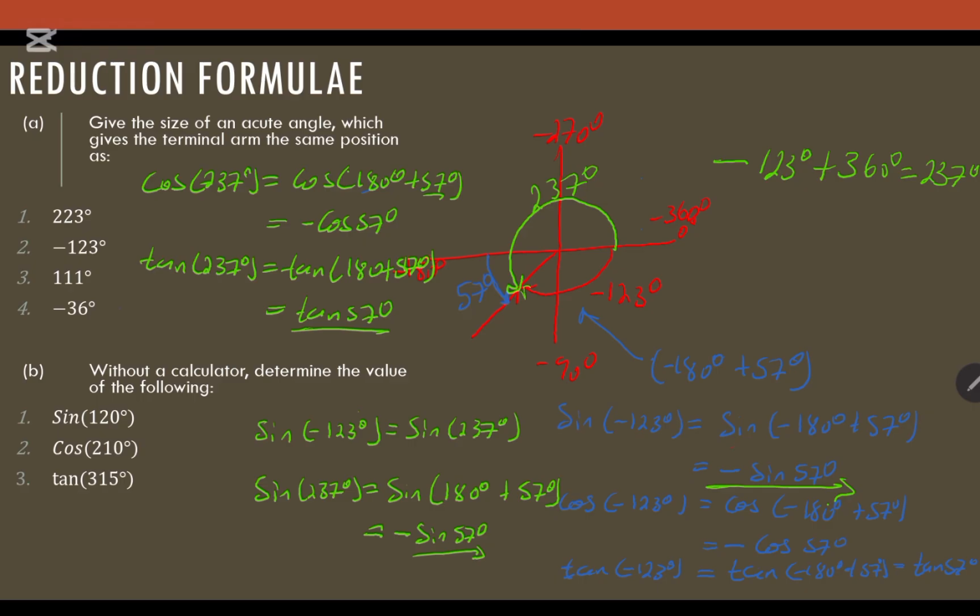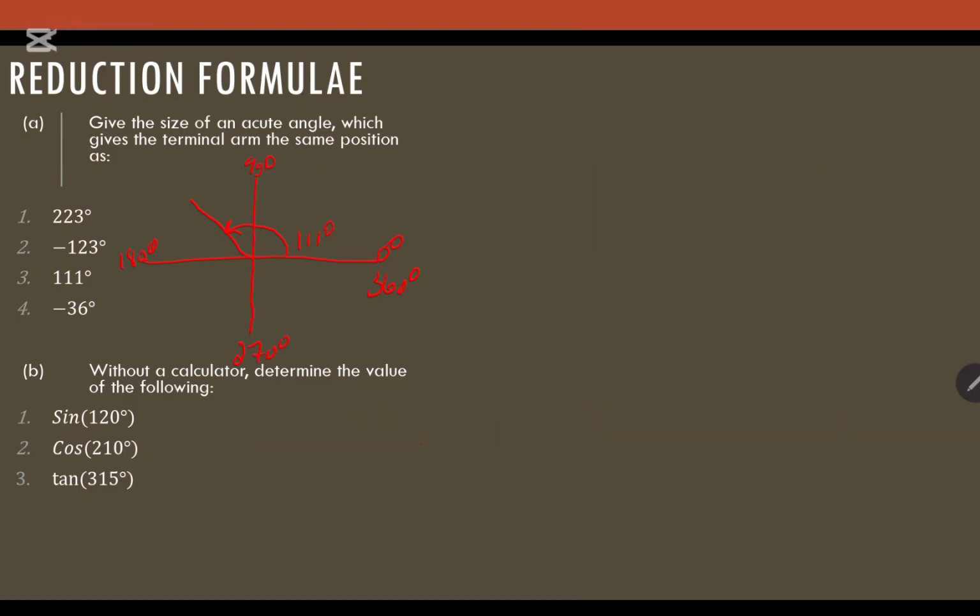So let's go and look at 111 degrees. What is the size of an acute angle that will give us the same position? Right here, going in clockwise direction. So that angle there will give us the size of an acute angle that gives the same position of the terminal arm as 111 degrees.